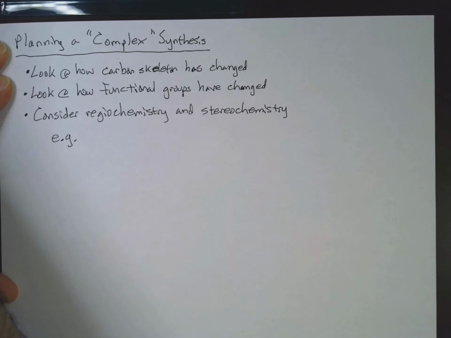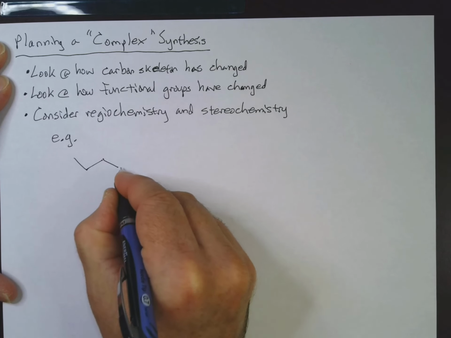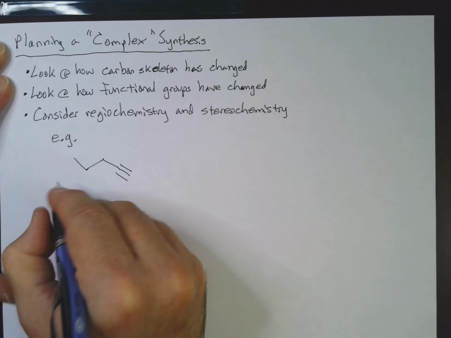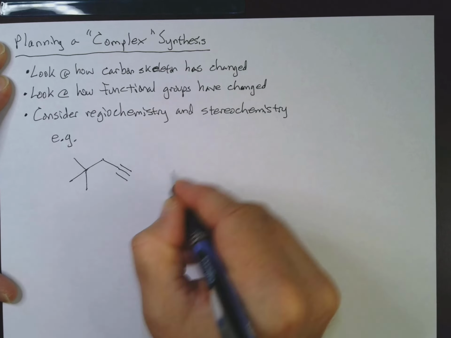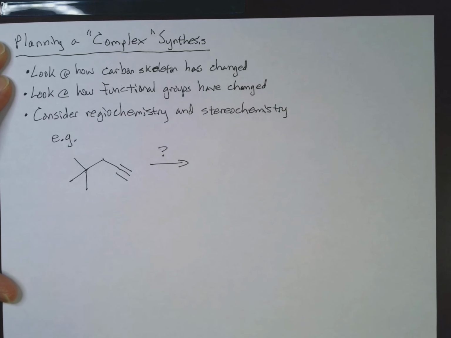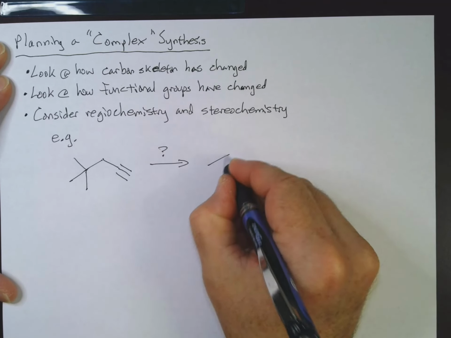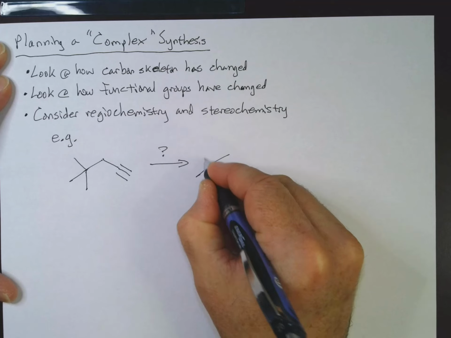So as an example, let's propose a synthesis for the following. The typical problem would be: propose a synthesis to accomplish the following transformation.